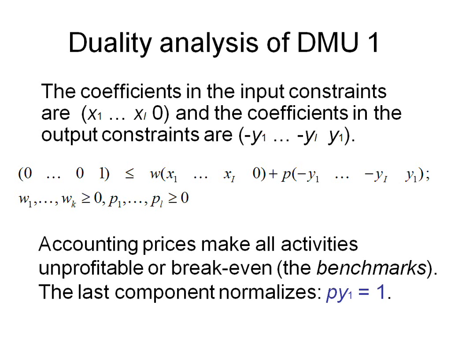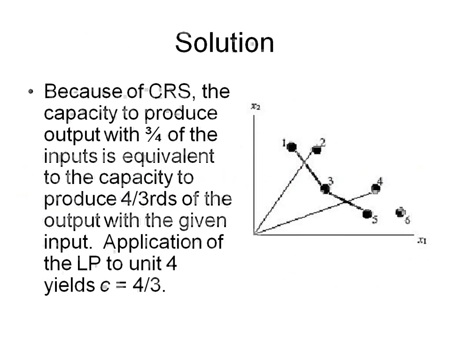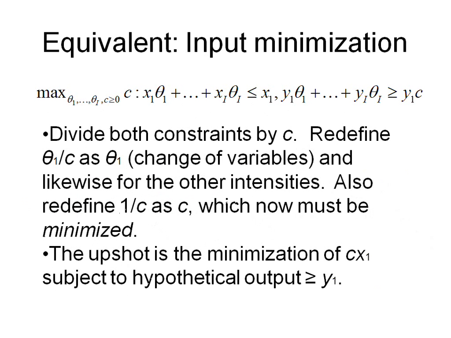So the variables were theta 1 through theta capital I and C. Okay, so we have capital I plus 1 variables. And then we have constraints. Let me flip back. Here it is.